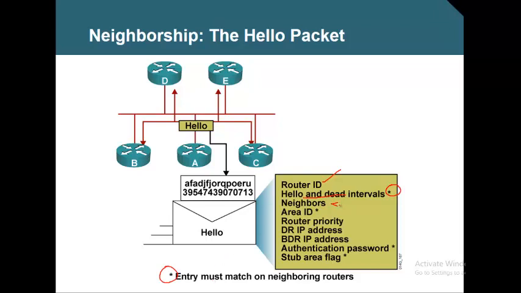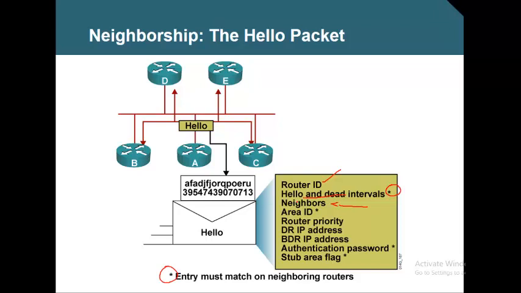Next, the neighbor list. So when B router sends a hello packet, it will have a list of neighbors which it already knows. For example, if B knows already D, in the hello packet of B, the information about D will be going.